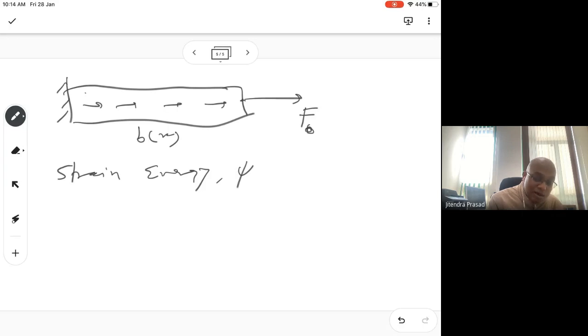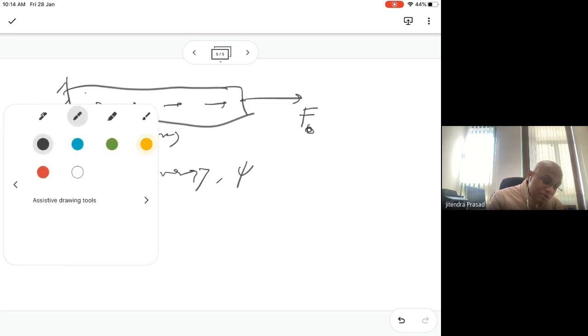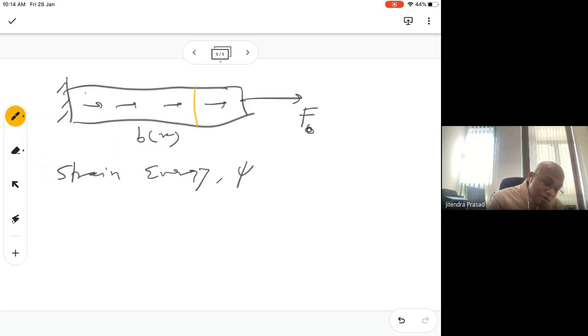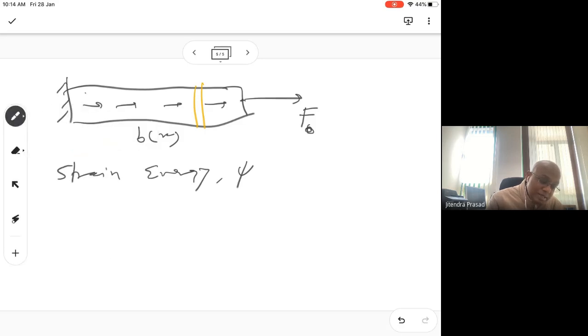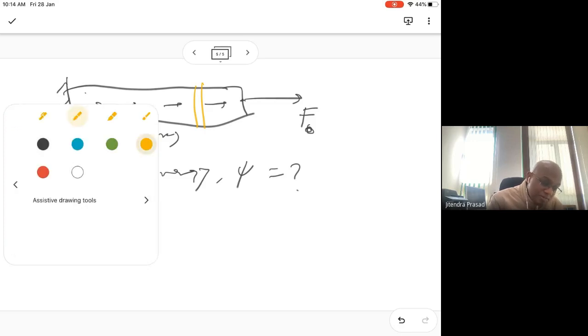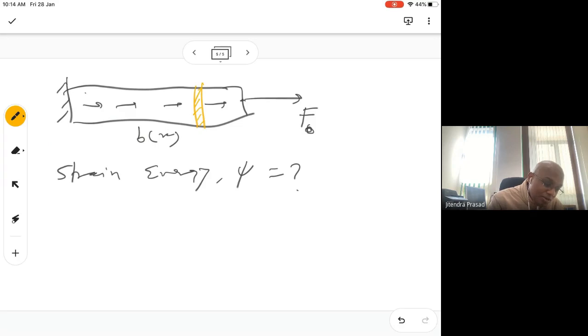Strain energy psi is equal to what? For that, we first have to take one slice here. For a small slice, if we want to find the strain energy, d psi will simply be stress times strain.